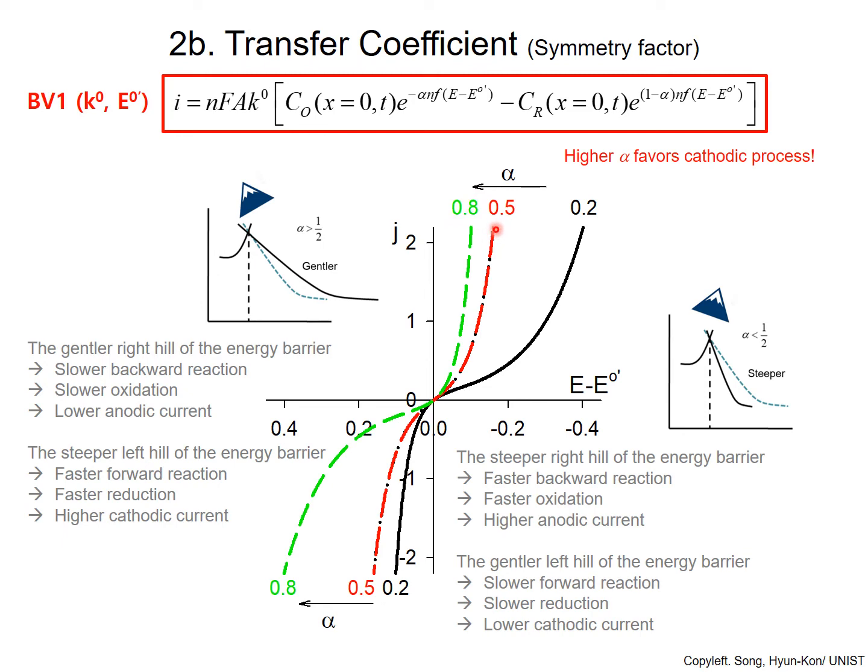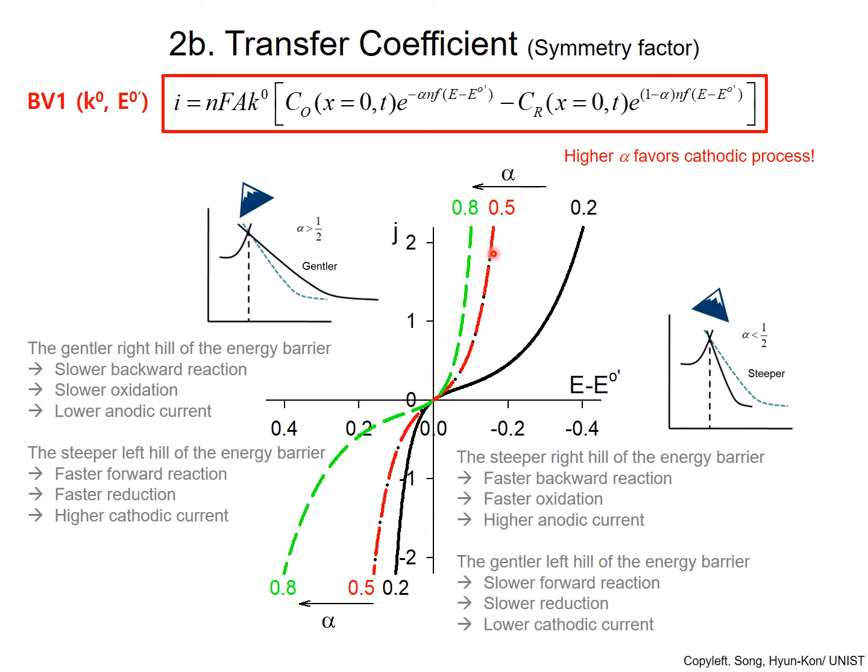At alpha equal to 0.5, we have a symmetric shape of the Butler-Volmer curves. The cathodic curve is very similar to the anodic curve. That is to say, the anodic curve is a mirror image of the cathodic curve over the origin.